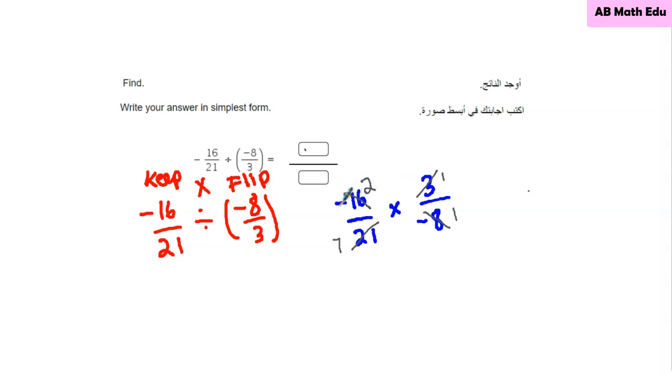So here what is left is -2 times 1, which will be -2, divided by 7 times -1 be -7. Negative divided by a negative is positive. So we get 2 on 7. That's the final answer. So 2 divided by 7 as an answer.